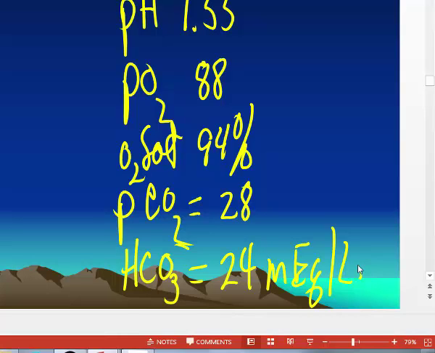So you look at your PO2 and O2 sat there. Your PCO2 is low. So you're getting rid of acid. So that means you're going to have a relative excess of base, right? And the kidneys are compensating because the bicarbonate is normal. So this is something that is episodic.